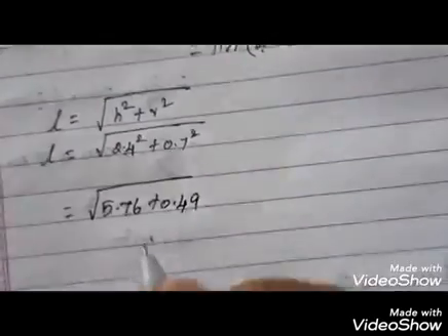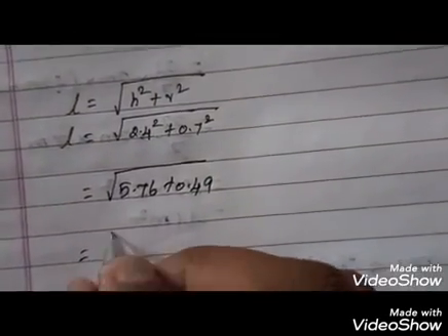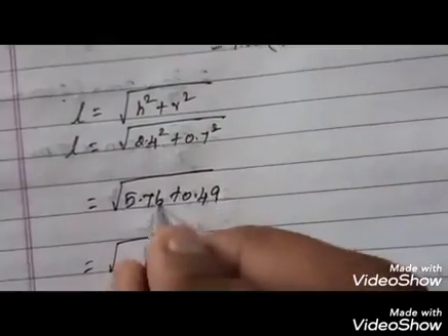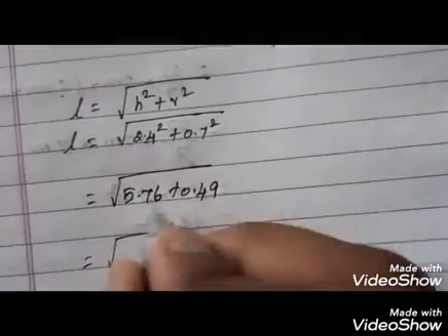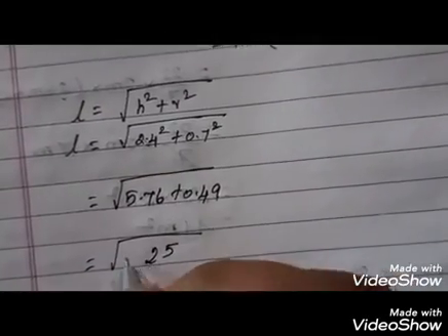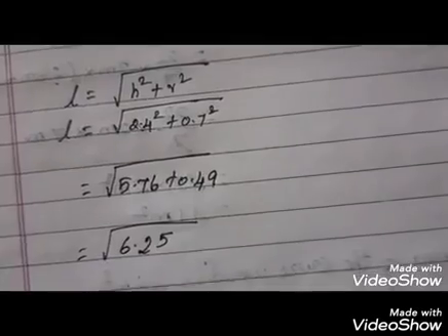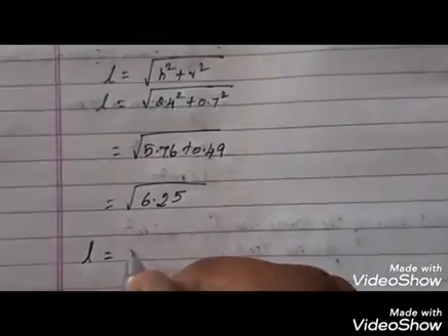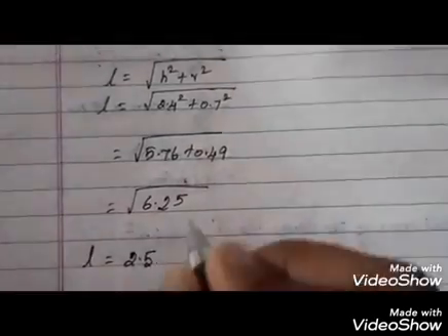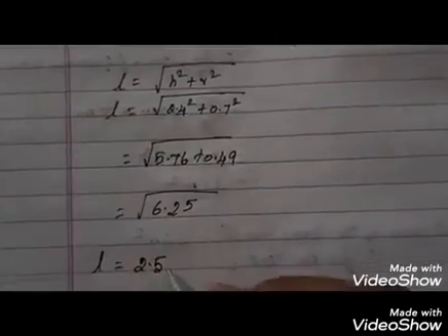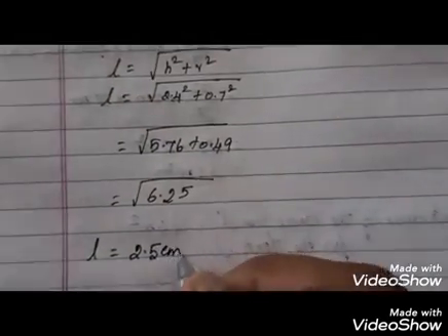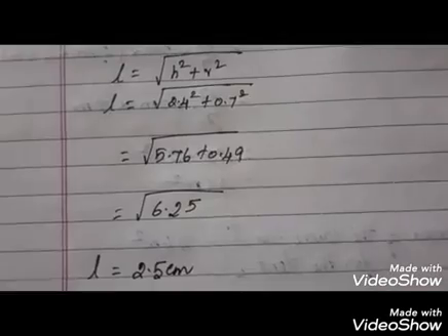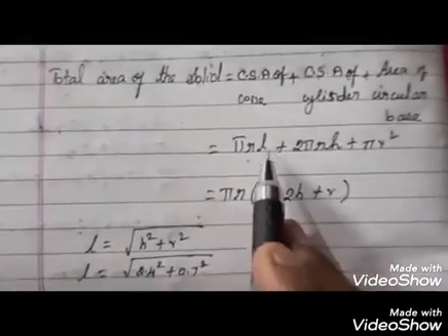So 5.76 plus 0.49. Now add this, it is 6.25. We know the square root of 625 is 25, so it is 2.5 centimeter.